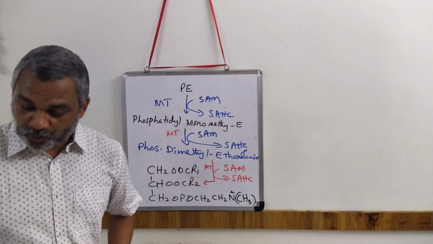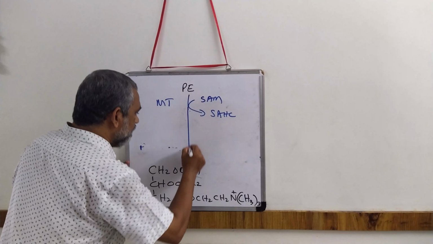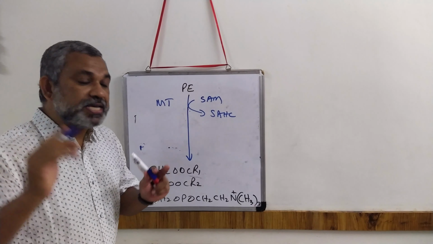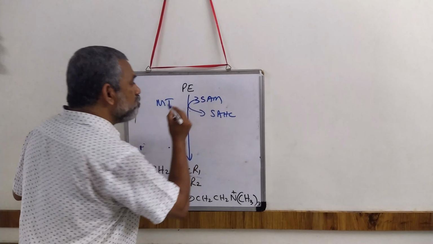In a single step, methyl transferase is the enzyme, 3 molecules of S-adenosyl methionine are used, 3 molecules of S-adenosyl homocysteine are removed, and you get phosphatidylcholine. Very easy to convert. This is one way to make phosphatidylcholine as per the requirement of cells. This is called the de novo pathway.